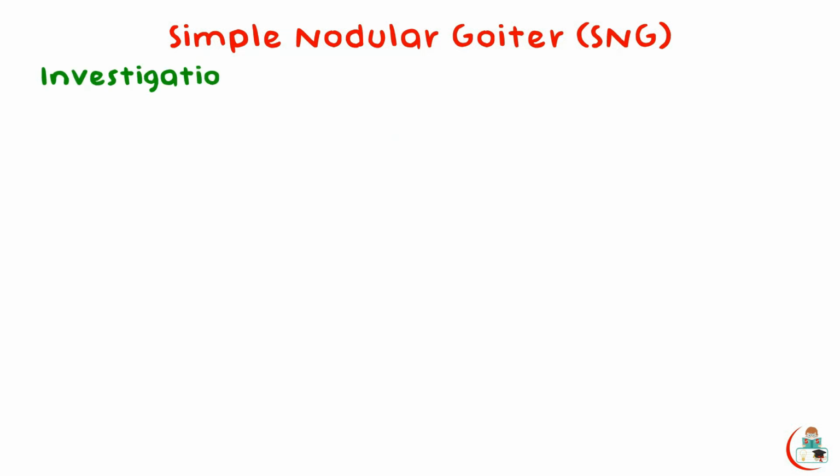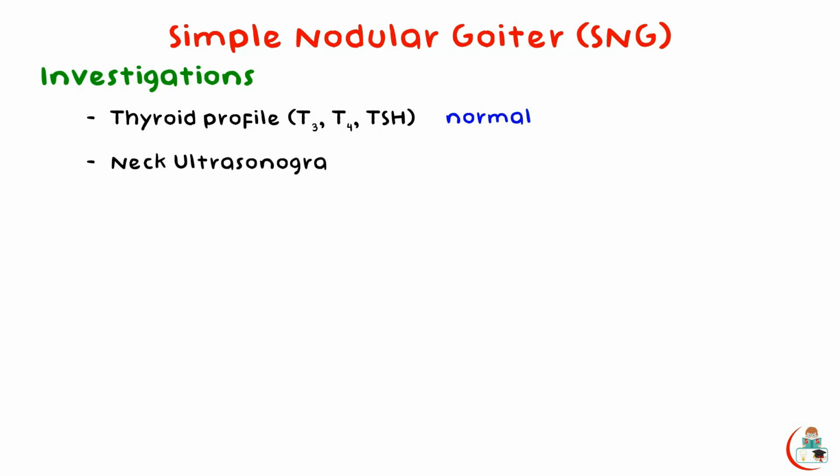The investigations to confirm the clinical diagnosis of a simple nodular goiter are: number one, thyroid profile that includes T3, T4, and TSH. They are within a normal range. Number two, neck ultrasonography.